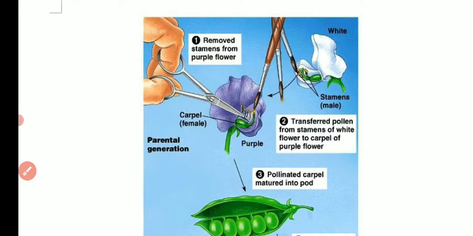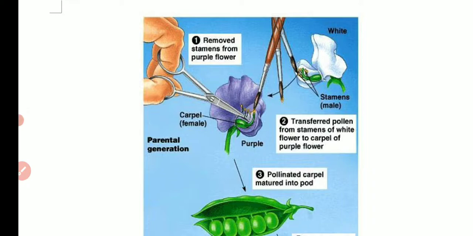So now just see, this is a diagram of how Mendel performed his crossing, his hybridization experiment. So practically you will also be doing something like this, no? You will be emasculating the flowers, means you will cut the anthers and you will fertilize from another plant.